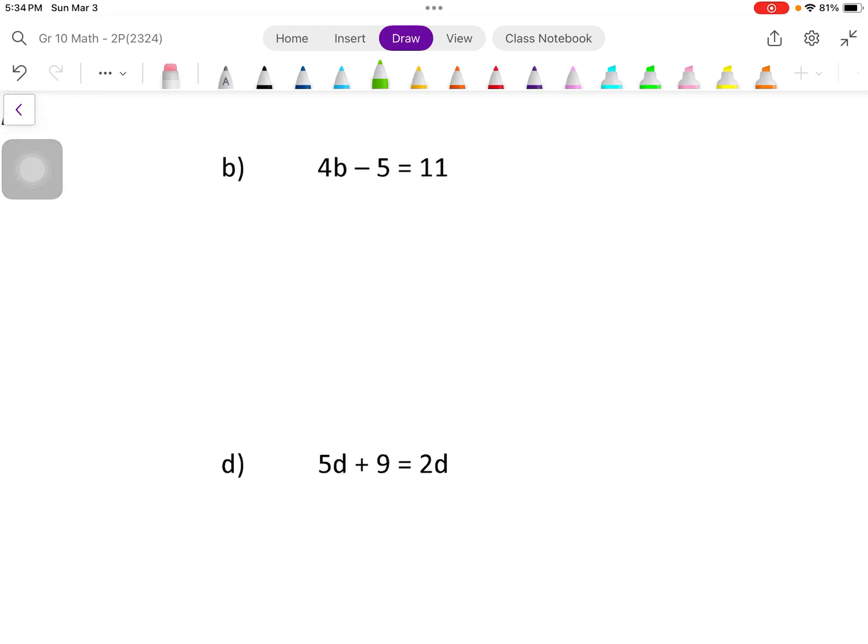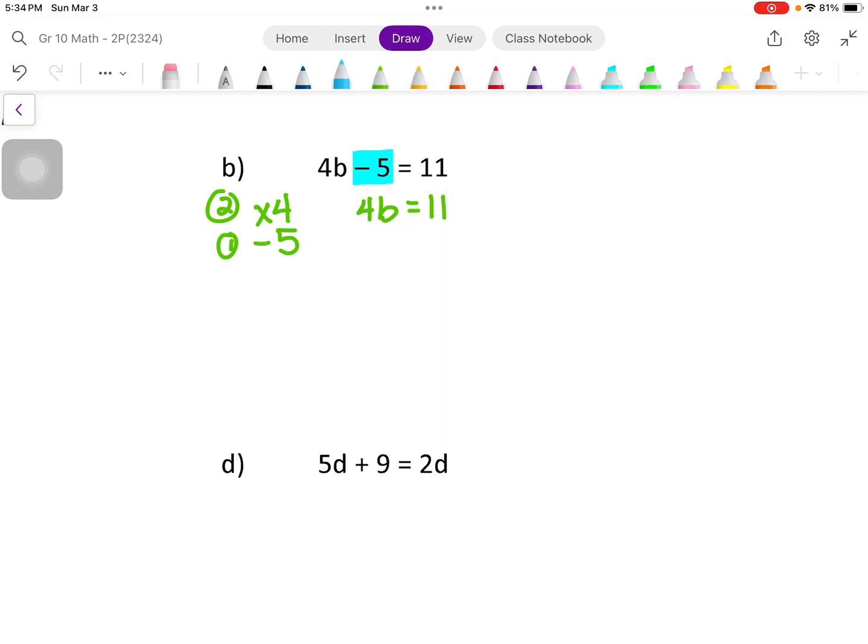So 4b minus 5 equals 11. The 4 is a multiplication of 4, and then I have a subtraction of 5. So I want to remove subtraction first, then multiplication. If I remove my subtraction of 5, what I'm left with is 4b on the left side of the equation, and 11 is what was already on the right.